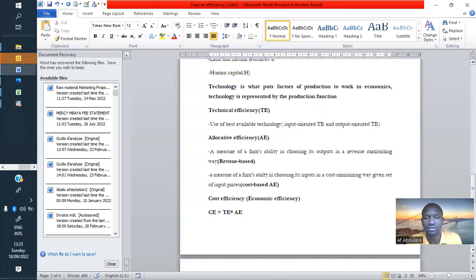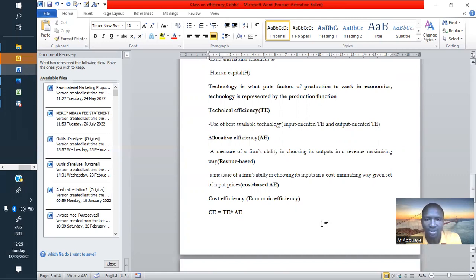At that moment, we can say that the farm is input-oriented technically efficient, but also output-oriented technically efficient if we can, at some point, with a quantity which is giving a defined quantity of output, manage to add more to our output without even reducing our input. At that moment, we can say that the farm is technically efficient, output oriented.